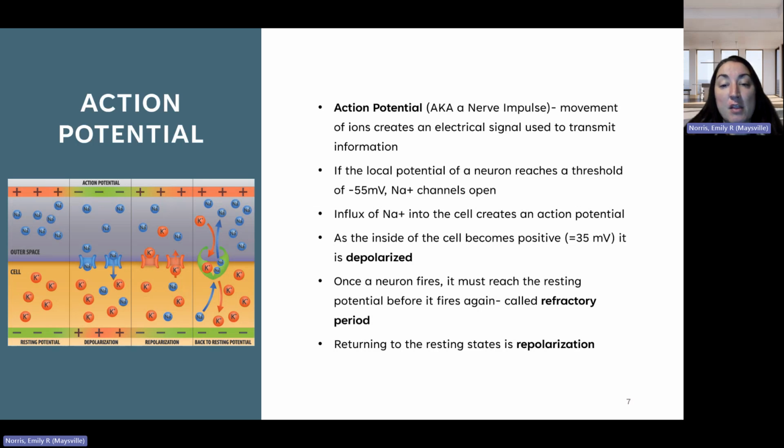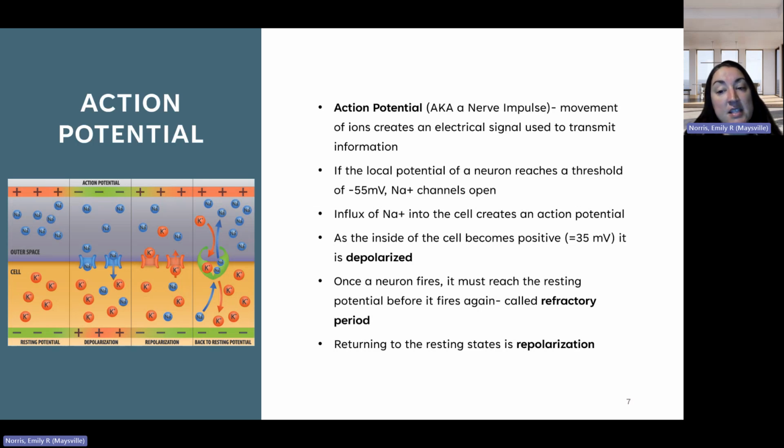So if the local potential of a neuron reaches a threshold of negative 55, then the sodium channels open. So once the inside of the cell becomes less negative, to create an action potential, the sodium channels open and the sodium rushes into the cell.